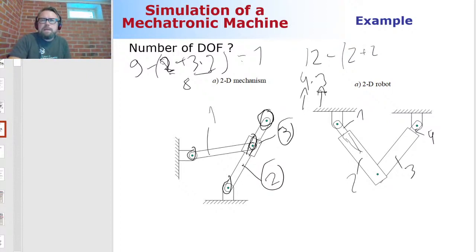Okay, then 2 translational joints, so that's 4. And then how many revolute joints? A revolute joint is 2, so that has to be multiplied by the number of revolute joints. 1, 2, 3. So that's going to be 6, so it's 10. 12 minus 10, so it's 2 degrees of freedom.